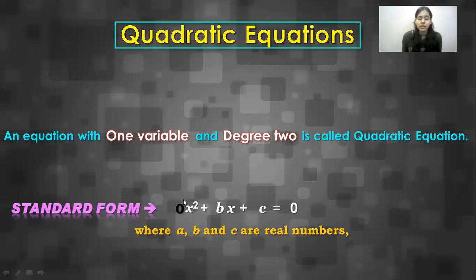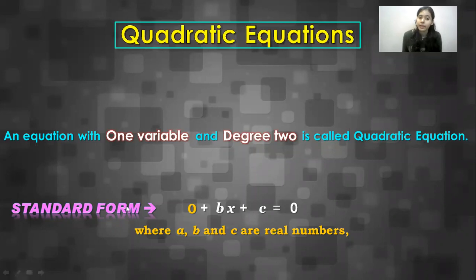Just try to imagine. अच्छा, अगर हमारा A जो है वो zero है, तो 0 into x square, can I say it will be 0? 0 into x square 0 हो जाएगा, जिसका मतलब हमारा x square is no longer a part of this equation. x square पूरा चला गया, 0 बन गया। And अगर x square चला गया, which means we lost a variable with power 2. अगर power 2 नहीं बचा, degree 2 नहीं बचा, it means it will no longer remain a quadratic equation. अगर power 2 ही चला गया, तो power 1 बचा यहाँ पे, which means this equation has now become linear, which is not allowed.